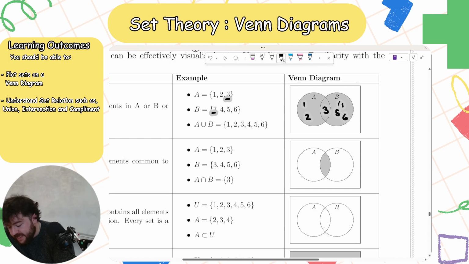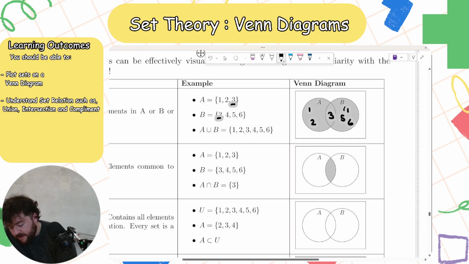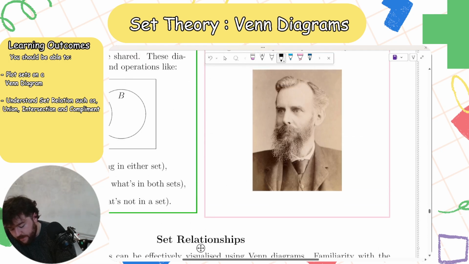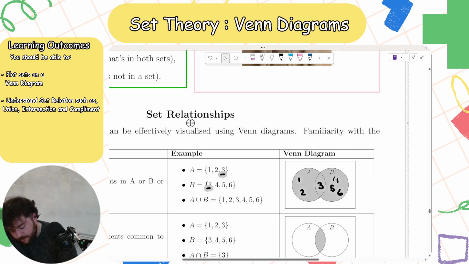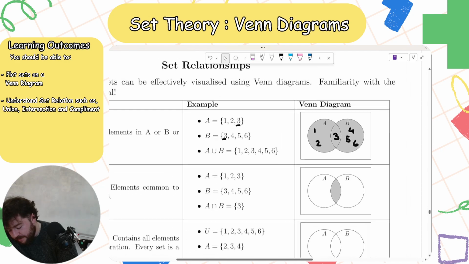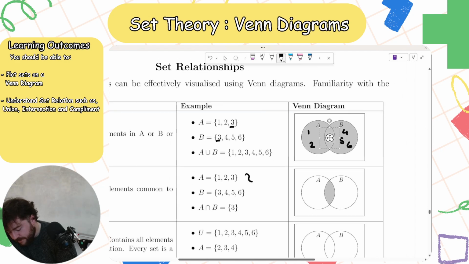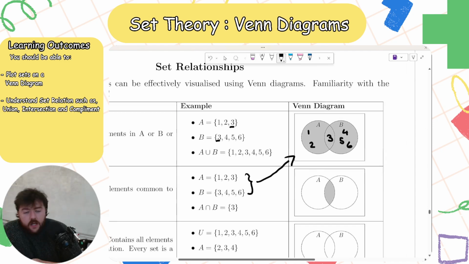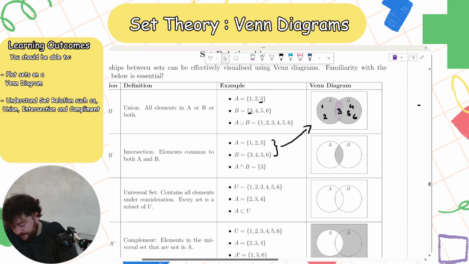These are the same sets as up here. Looking here, the intersection is what's shared in both sets, and 3 is shared in both sets.